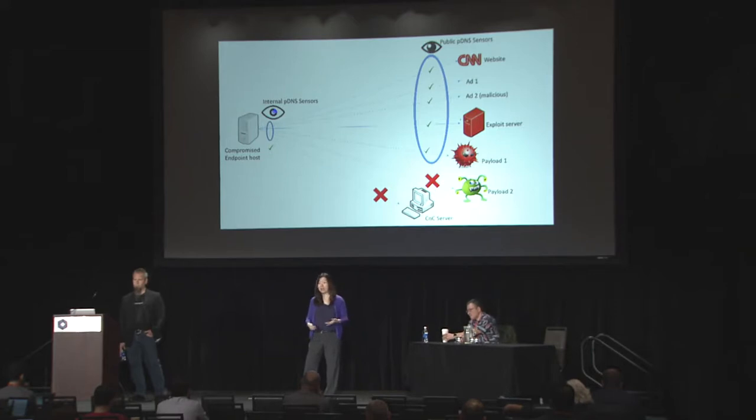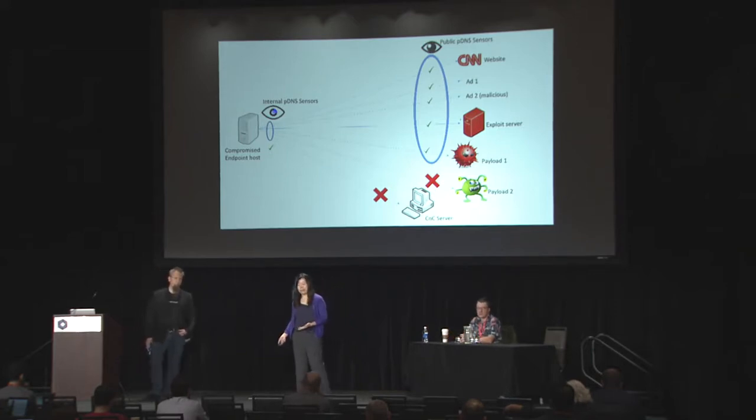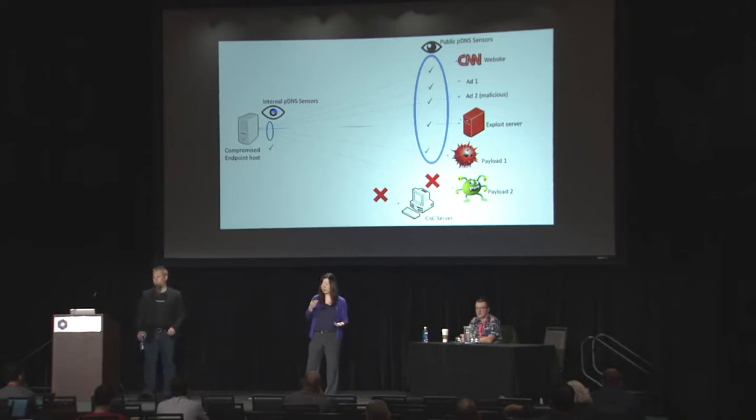One of the ads had malicious content embedded in it. So it was more of a drive-by situation where the malware compromised the endpoint host from that. At that point, there are payloads sent over to the endpoint host, and there are communications with the exploit server. But it's a multi-stage attack.